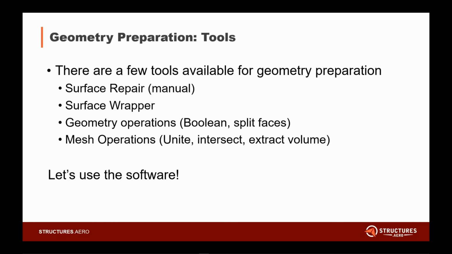Like if your two parts aren't exactly meeting, you can kind of fill in that void. That's a super powerful tool for A, defeaturing your part, or B, I guess you can kind of think of it as like merging all your bodies into one.